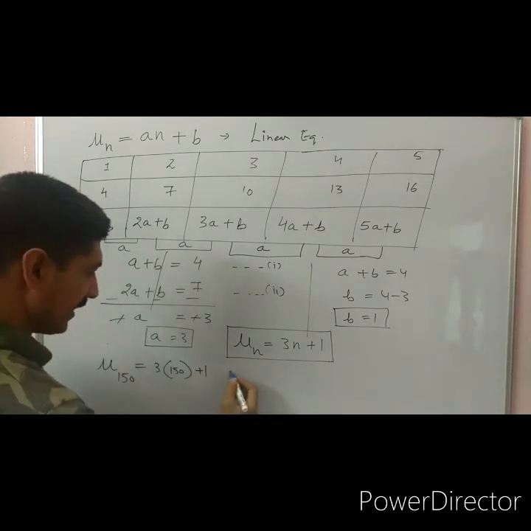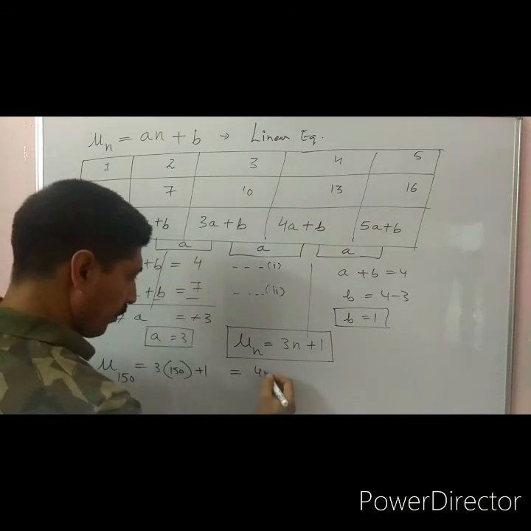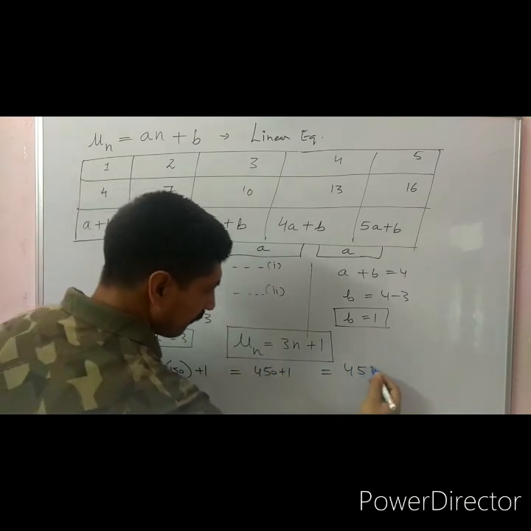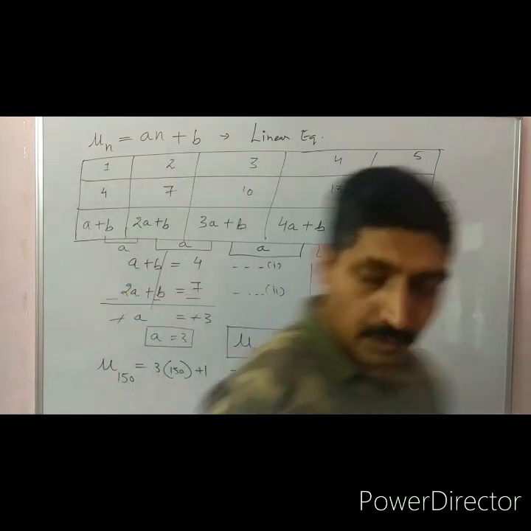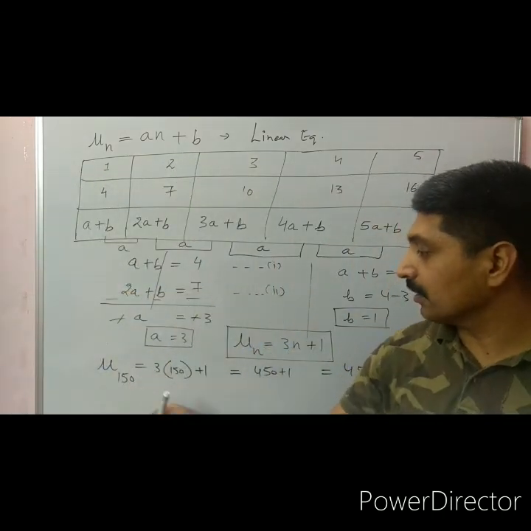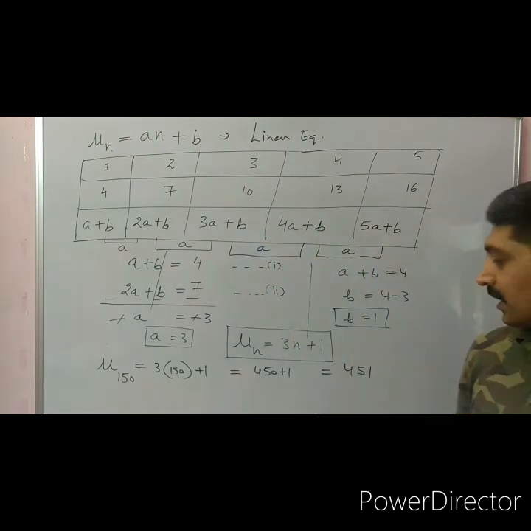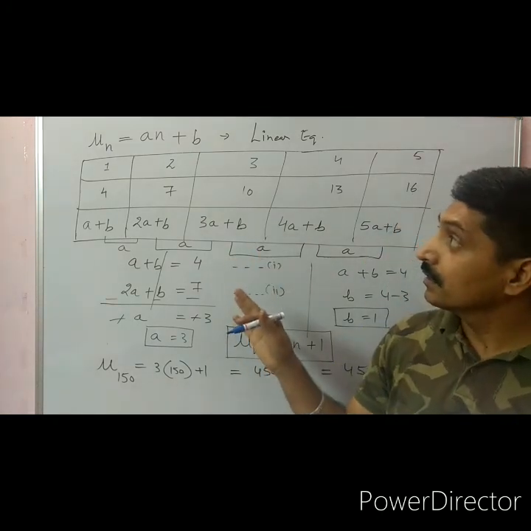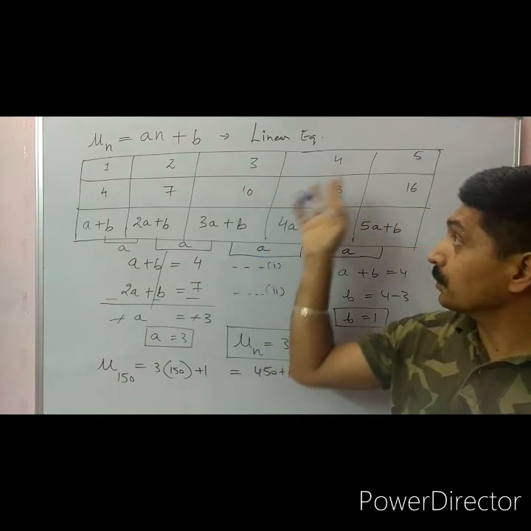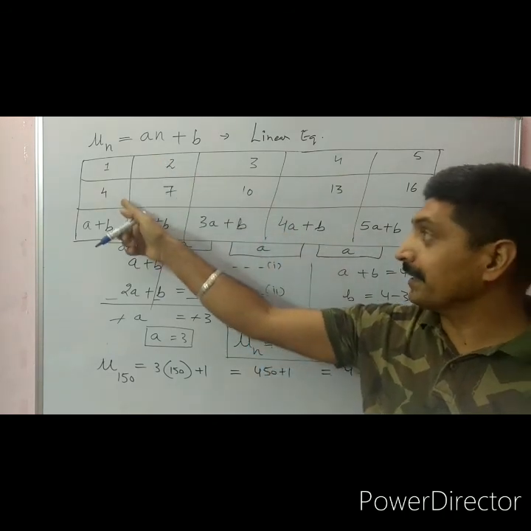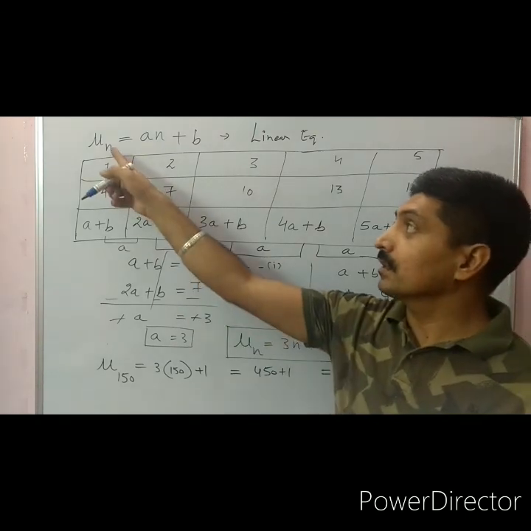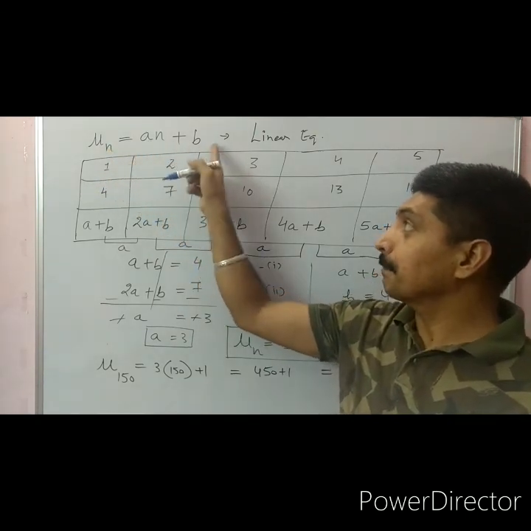So the answer is 451. So the 150th term of this sequence is 451. So I hope you understood the linear equation of an arithmetic sequence and its nth term, which is an plus b.